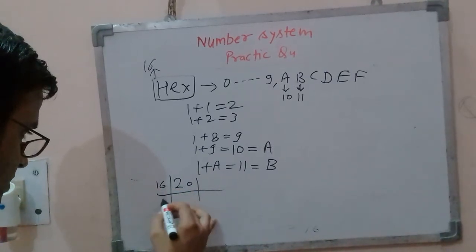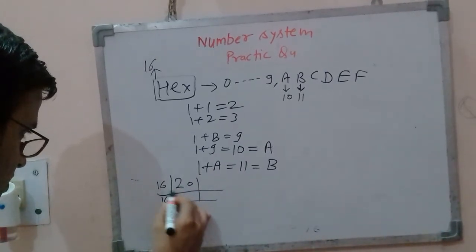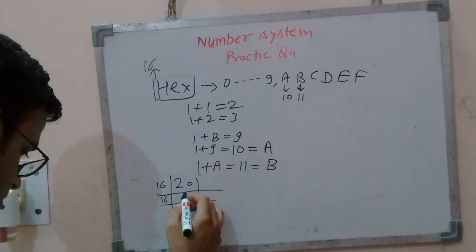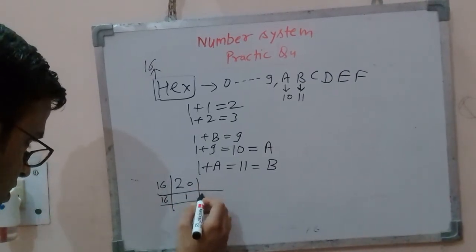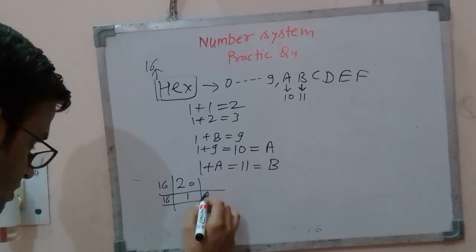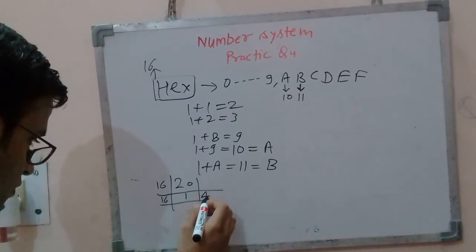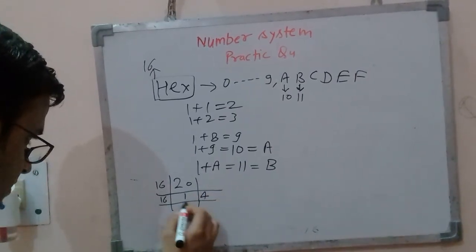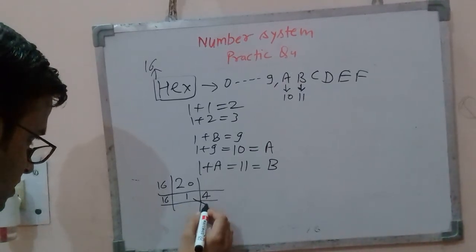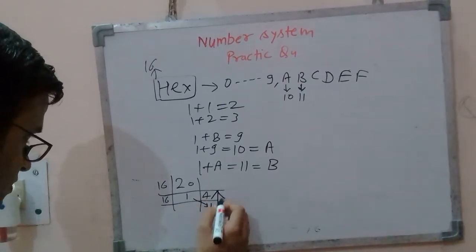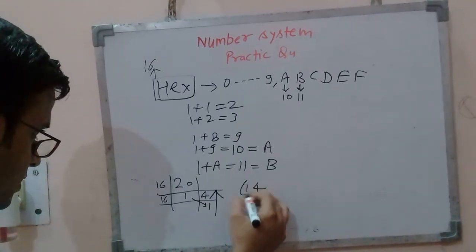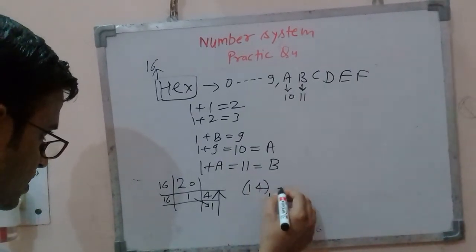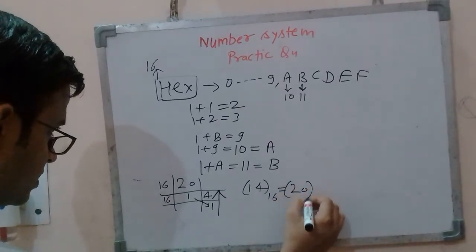Divide by 16. 16 into 1 is 16. So what is the remaining? 20 minus 16, 4. 4 is remaining, right? Again divide 1 by 16, that means the remainder is 1. So go from bottom to top, you will get 14. So 14 in hexadecimal is equivalent to 20 in decimal.